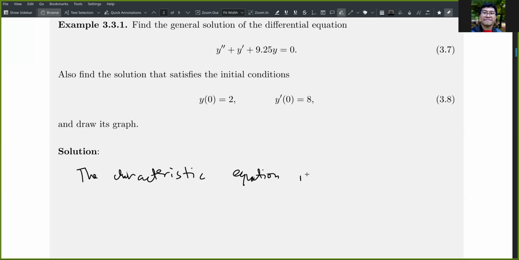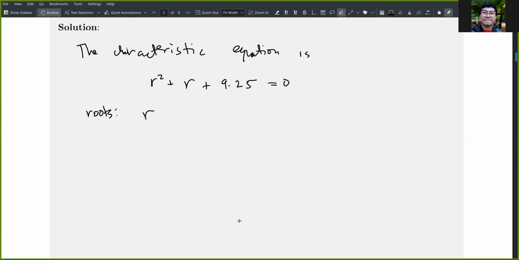The characteristic equation is r squared plus r plus 9.25, so that the roots are given by r equals minus b, plus and minus the square root of b squared minus 4ac, where c is 9.25, divided by 2.